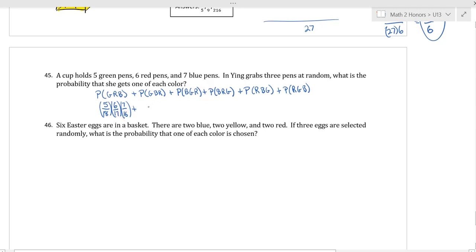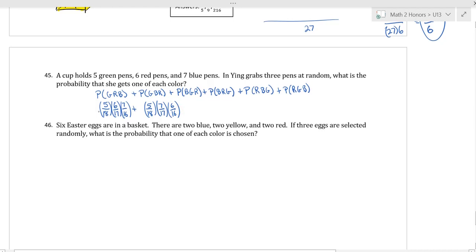We'll do one more here just to show you it's the same. Green, we got 5 out of 18. Blue, we got 7 out of 17. And red, we have 6 out of 16.